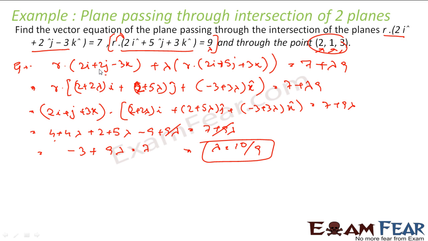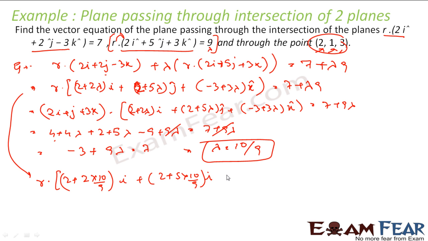So my equation is this, as I told, right, this guy. So let me put this in this equation now. So this is nothing but r dot (2 plus 2 lambda, 2 into 10 by 9) i plus (2 plus 5 lambda, 2 plus 5 into 10 by 9) j cap plus (minus 3 plus 3 lambda, 3 into 10 by 9) k cap is equal to 7 plus lambda into 9, that is 9 into 10 by 9.